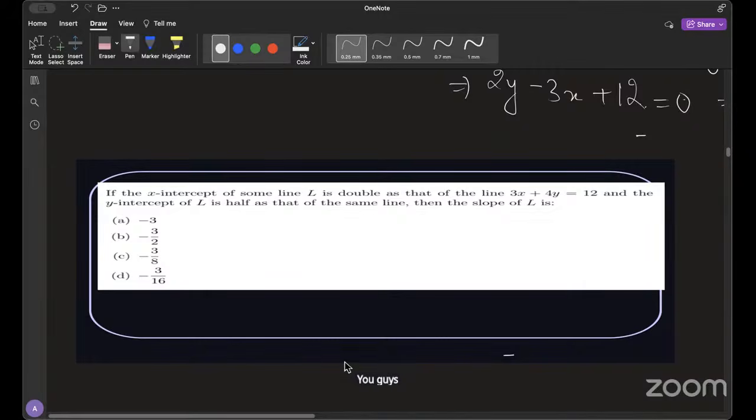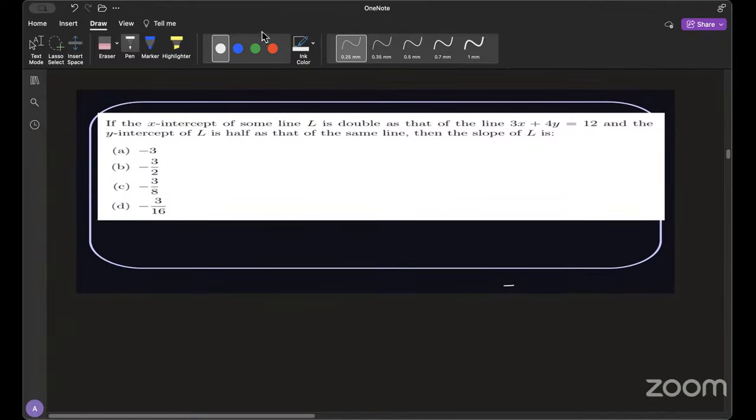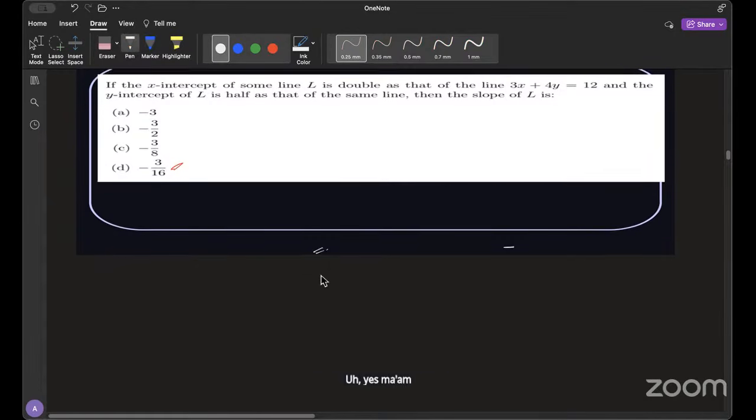Do you guys need more time to solve this question, or shall we do it in the class? Is anyone trying this question? Yes, ma'am, we are trying. Okay. It will be option D. Okay, someone has suggested this option. Let's check. Yes, ma'am, option D from my side also.